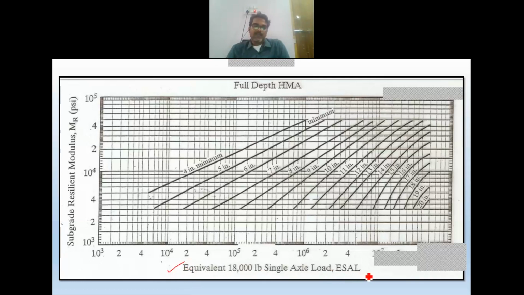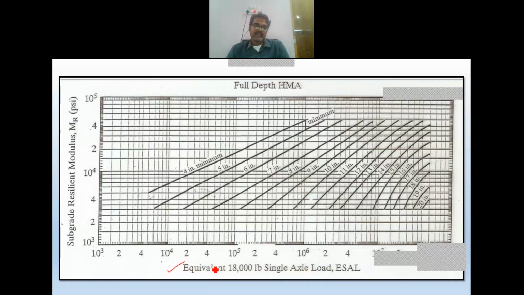Yes, the design traffic intensity is expressed in terms of equivalent single axle load. To calculate equivalent single axle load, we use some equations: 365 into present day traffic intensity into (1 plus r) power n minus 1 by r into vehicle damage factor into lane distribution factor, and so on.